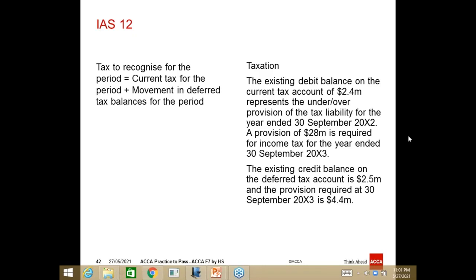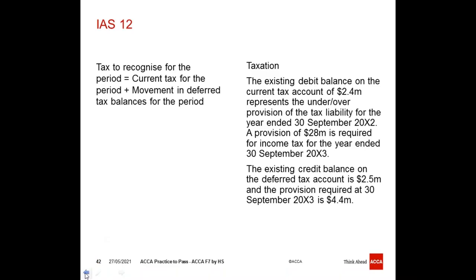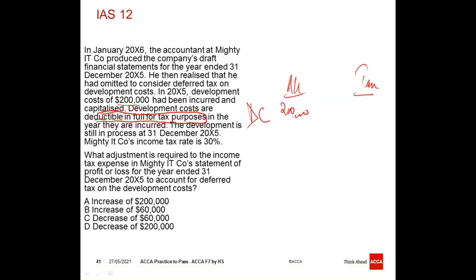Where it said the development cost is allowed in full, it's mentioned here, deductible in full. Deductible in full means it will be adjusted with the profit, meaning it should be recognized as an expense.